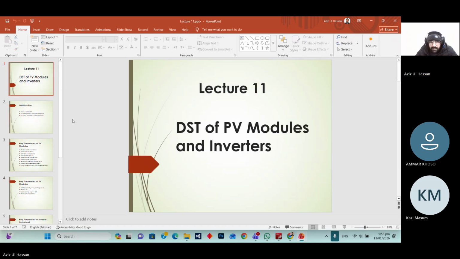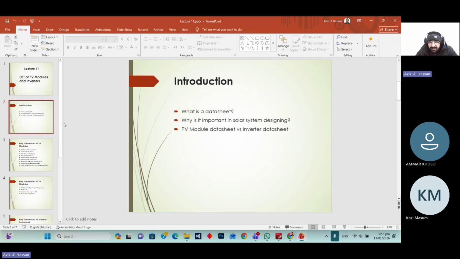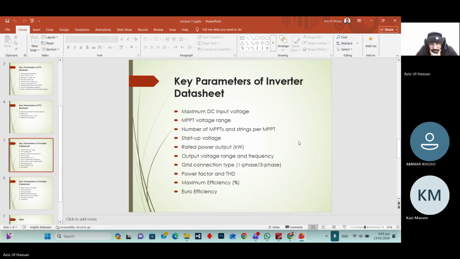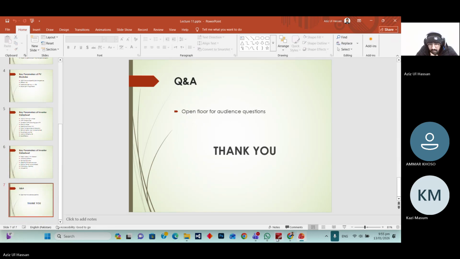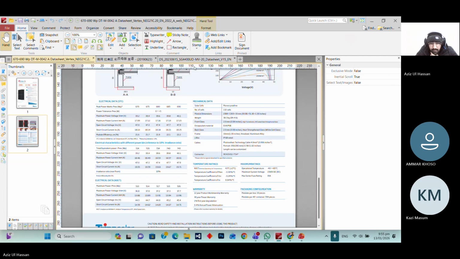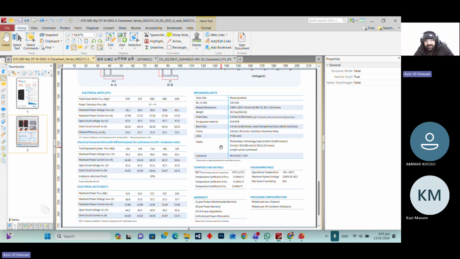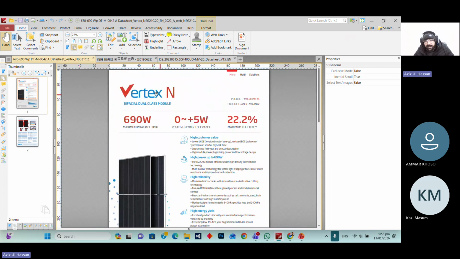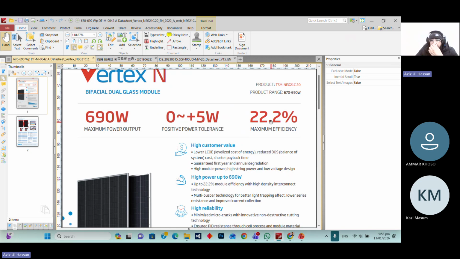Now we go to the data sheet of the PV modules. Most of you know about the data sheet, how we calculate the efficiency and other things, but we don't need those values.